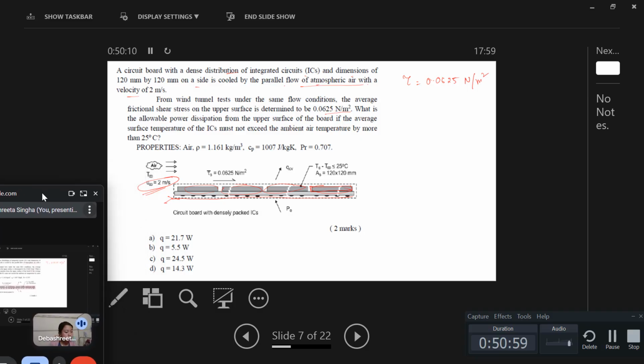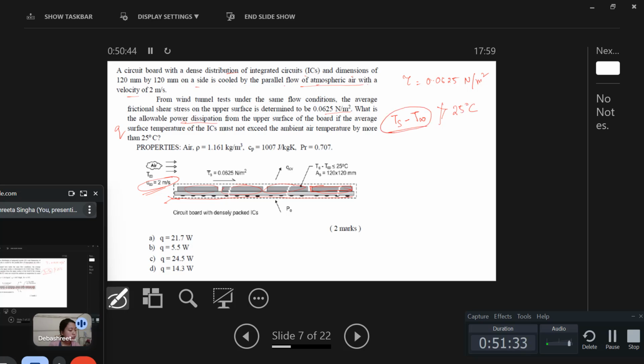Okay, so what they have asked is the power dissipation. That means they have asked Q on the upper surface of the board, if the average surface temperature must not exceed the ambient temperature by more than 25. That means if the average surface temperature is Ts and the ambient temperature is T infinity, then this difference should not exceed 25 degrees Celsius.